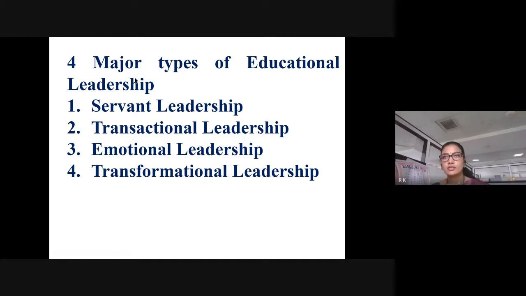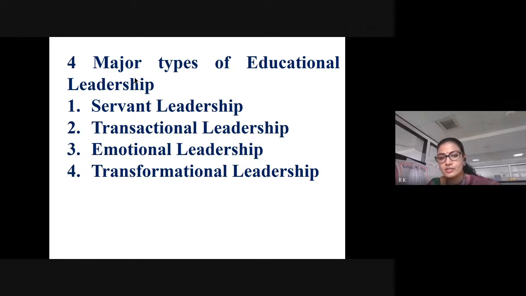And transactional is the daily maintenance. For example, it is give and take. It's a hallmark of transactional leadership. It is indeed, I do something for you and you do something back for me. So, for example, if you are guiding your students for research projects, you can tell them to add your name to the research projects, and vice versa.